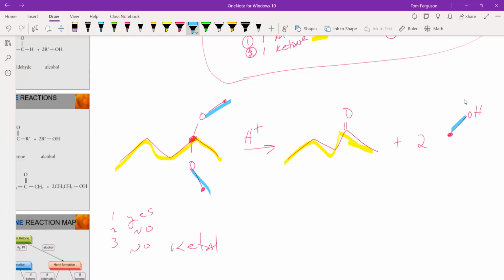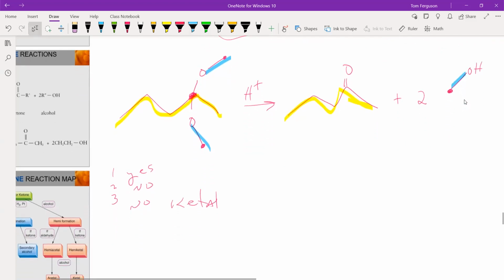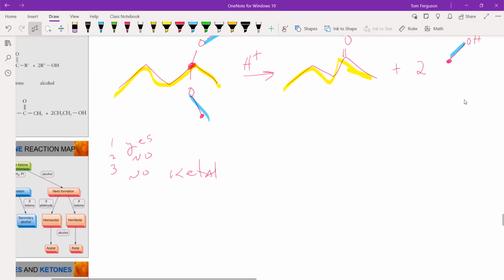I'm looking at worksheet 8 again here, for more practice problems. Okay, it's 135.